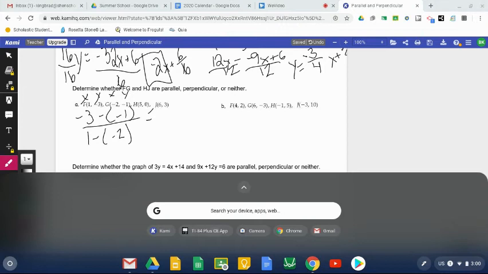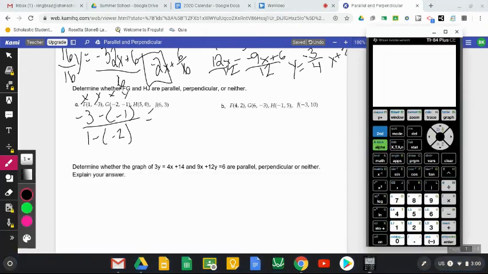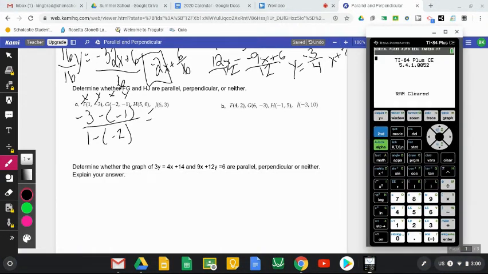So you can take out your lovely calculator. I don't think this one can do it. So I got -3 minus -1, so I have -2, over 1 minus -2, which is 3.